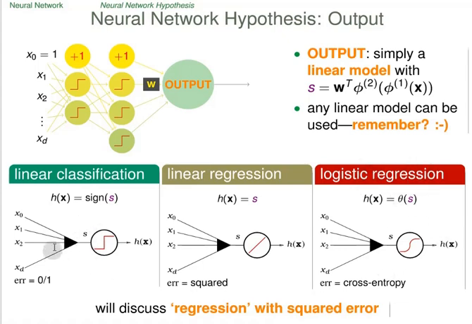In this case, we use sign on top of S, right? Well, in linear regression, we use the identity transformation. And in logistic regression, we use the sigmoid function to transform S. Also note that all these different models use different error functions: 0-1 error, squared error, and cross entropy error.